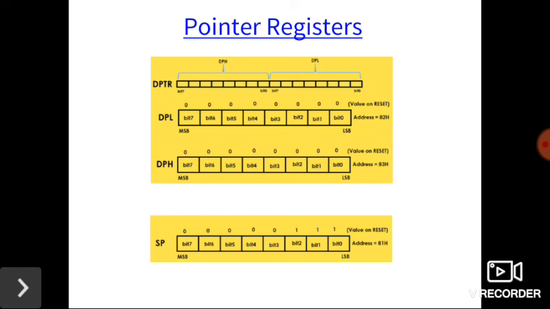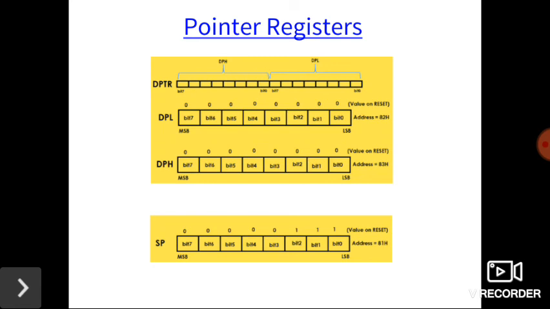Then the next one is the stack pointer. The stack pointer points to the top of the stack and indicates the next data to be accessed. The stack pointer can be accessed using push, pop, call and return instructions. The stack pointer is an 8-bit register, and upon reset it is initialized with 07H.